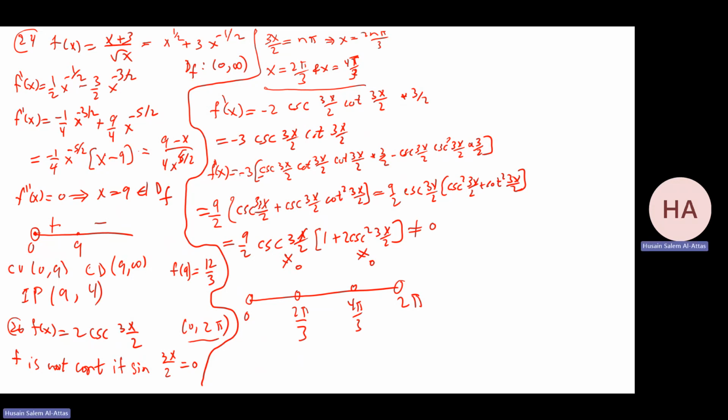So I will check between 0 and 2 pi over 3. Well, what is the function? My function is this. This is always positive, nothing to worry about. So I need to check only this, which is the sign.